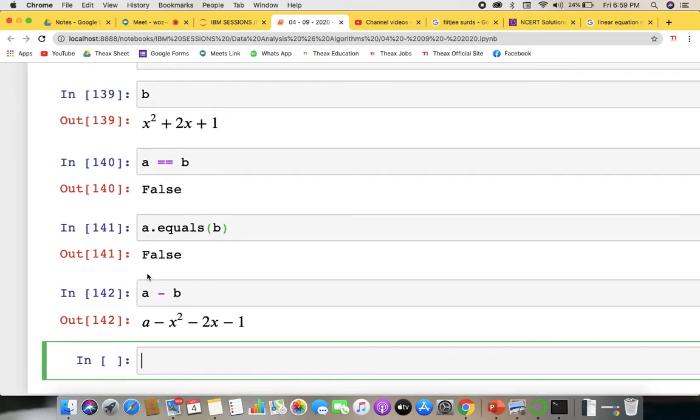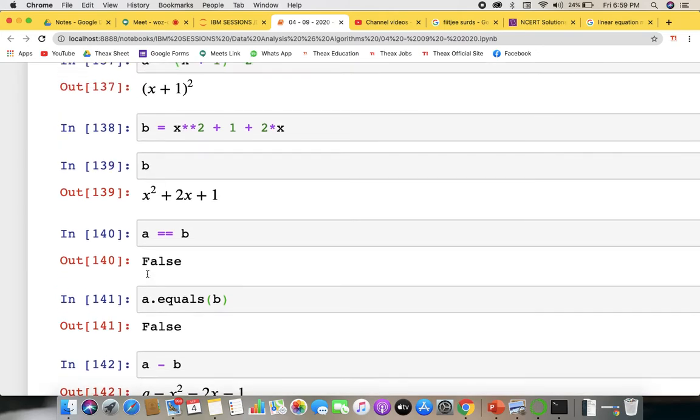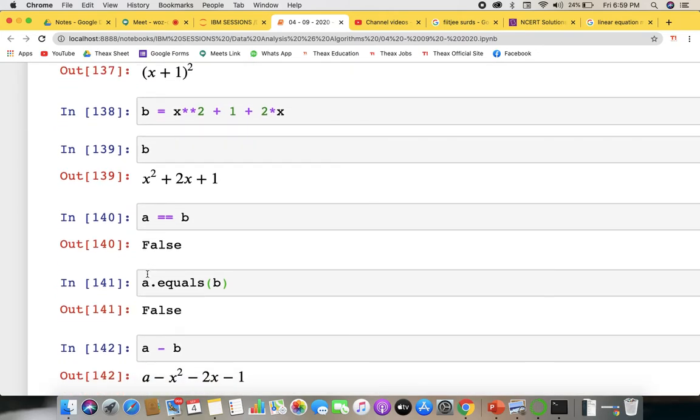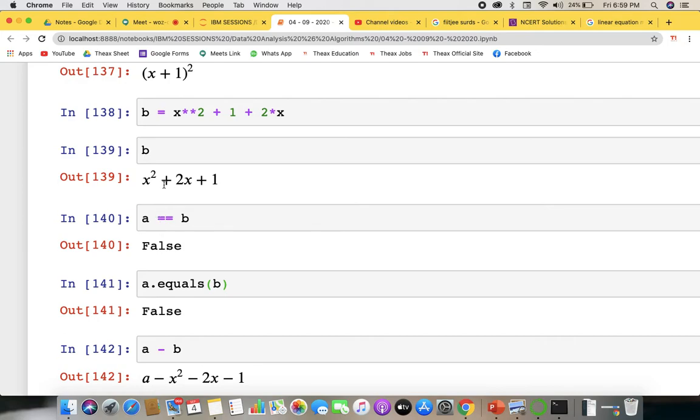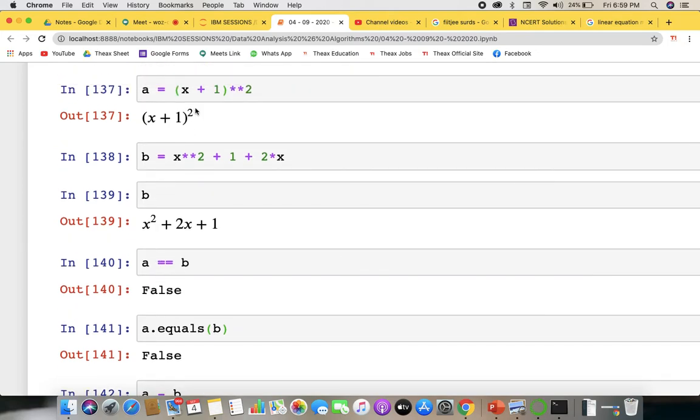I think I have made one error. I haven't even defined a. X plus 1 whole square is there, right? So x is 1, x plus 1 whole square. Fine. B is equal to x square plus 1 plus 2x. That's okay.